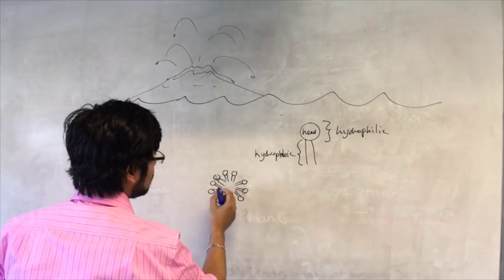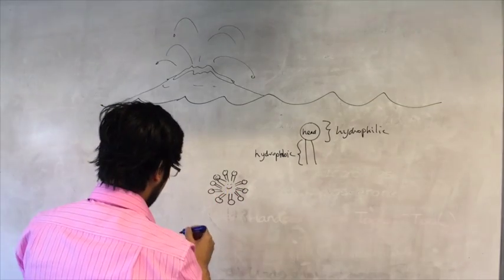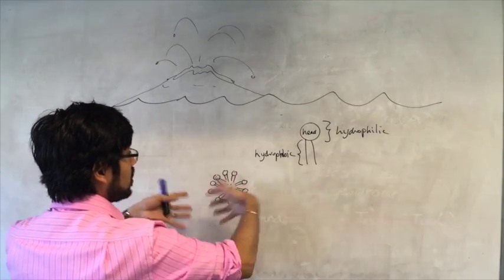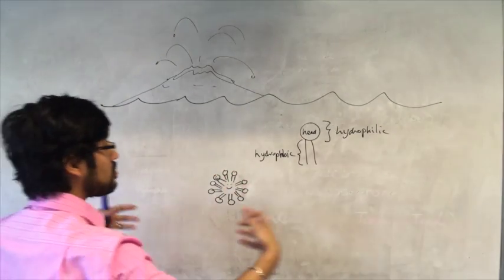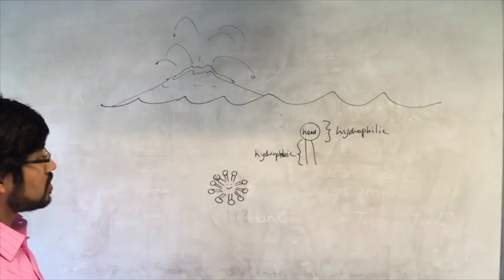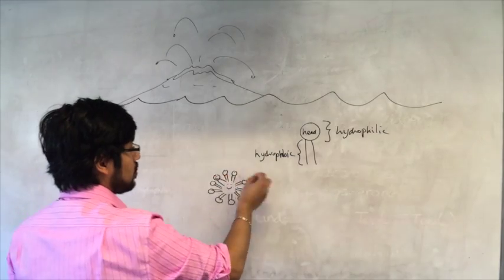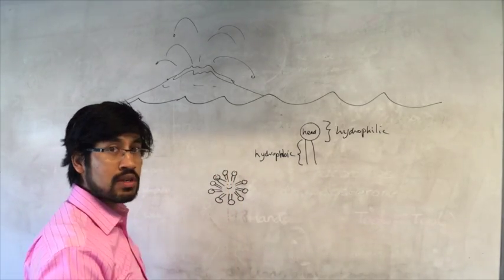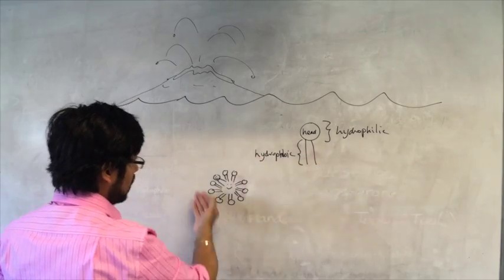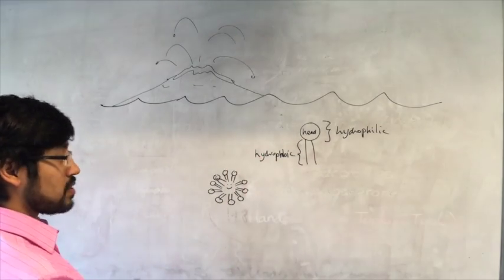Okay, and the tails are also more stable because they're pointing their hydrophobic tails away from the water by forming this little structure right here, and so those hydrophobic tails don't have to interact with the water. And the hydrophilic heads can interact with water.